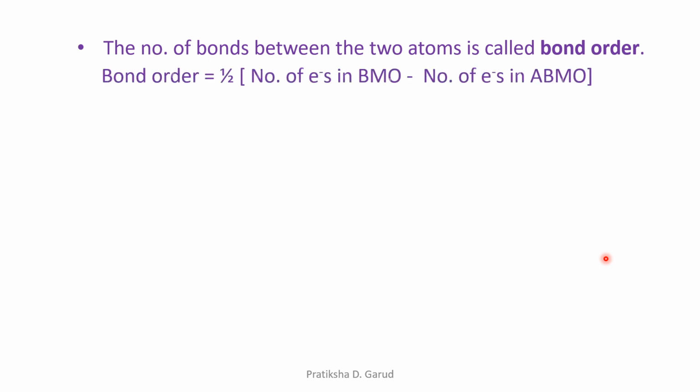Then let us find out the bond order, that means the number of bonds between the two helium atoms. It is given by the formula: bond order is equal to 1/2 into number of electrons in BMO minus number of electrons in ABMO. So it equals 1/2 into 2 minus 2, which equals 0. The bond order is 0. That means there is no bond between the two helium atoms, right?